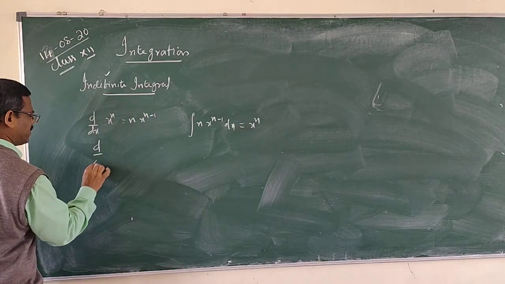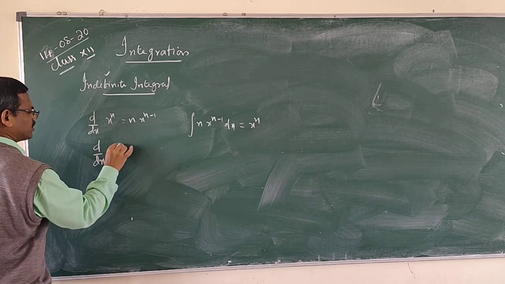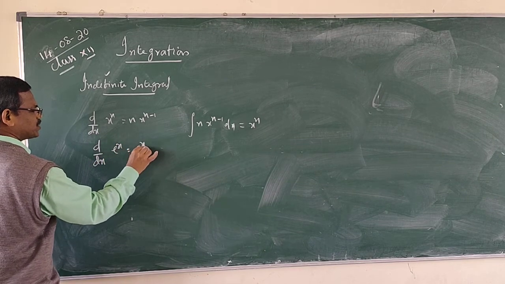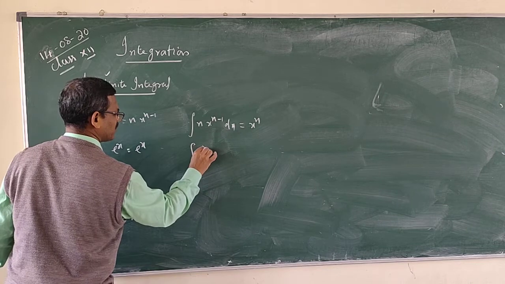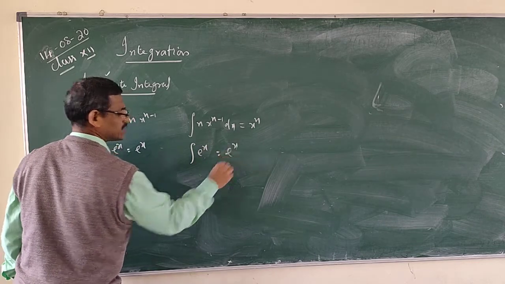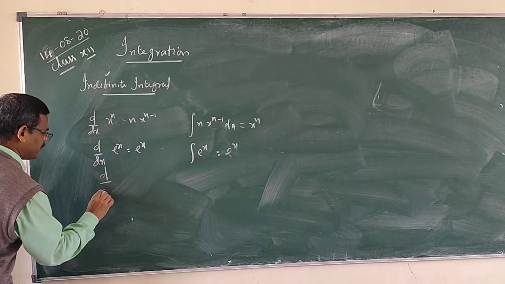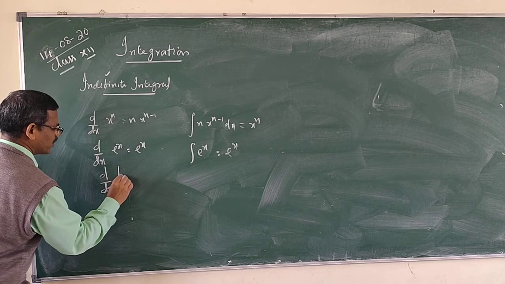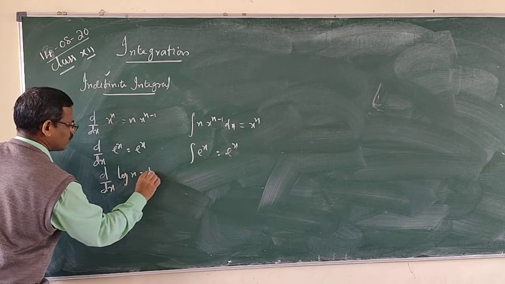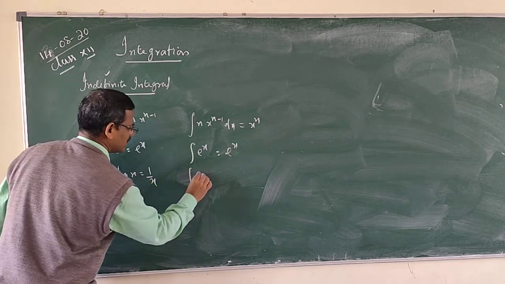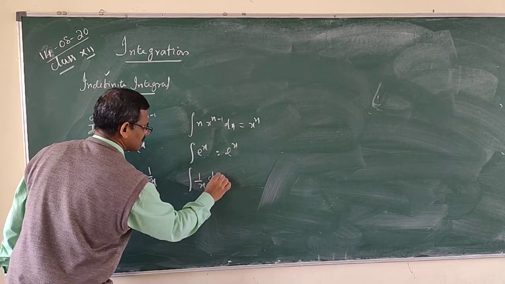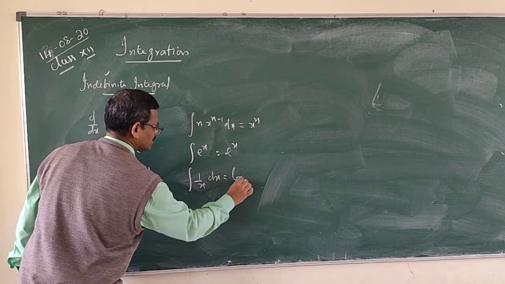You know that d by dx of e raised to x is equal to e raised to x. So the integral of e raised to x is equal to e raised to x. And you know that d by dx of log x is equal to 1 by x. So the integral of 1 by x is equal to log x.